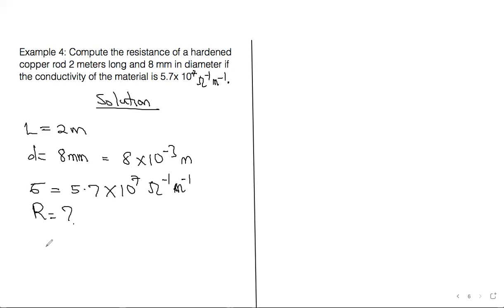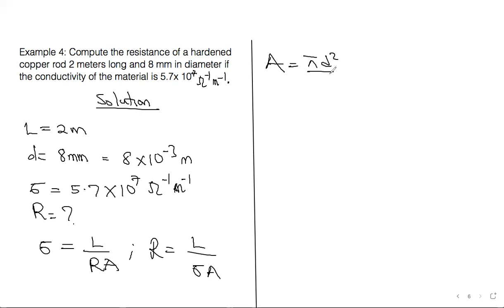As you recall the formula for conductivity, conductivity is L over RA. It's the inverse of resistivity, because resistivity is RA over L. So if I make R the subject of the formula, then R is equal to L over sigma A. But I need to determine the area because I don't have the area. So area is pi d squared over 4. That will be pi times 8 times 10 raised to the power minus 3 squared, divided by 4.